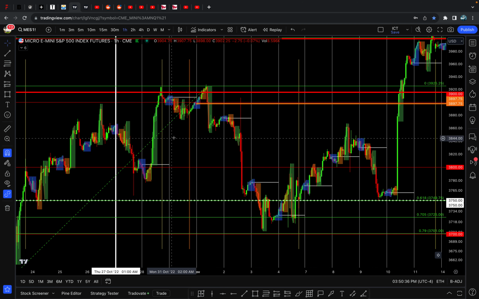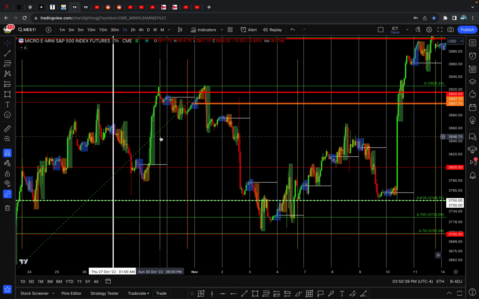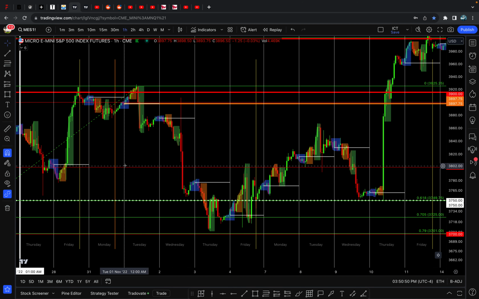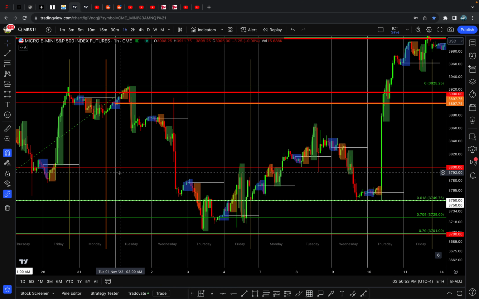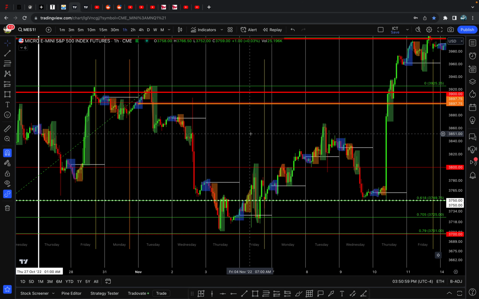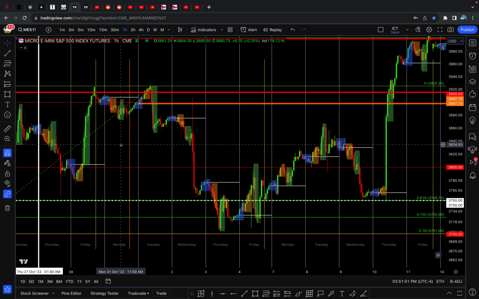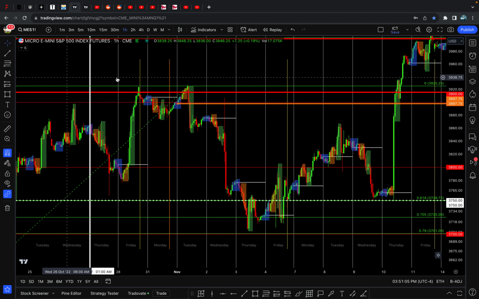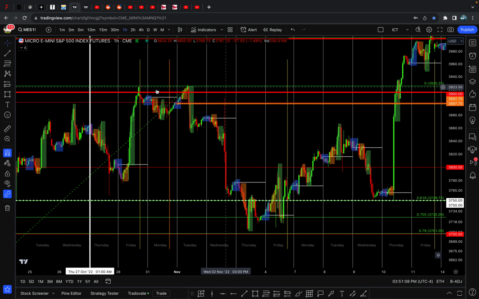And if you look, this yellow, that's our weekly, right? There's an indicator, days of the week, that shows us. I didn't want to have it on there because it was gonna make it messy, but this is our weekly profile.